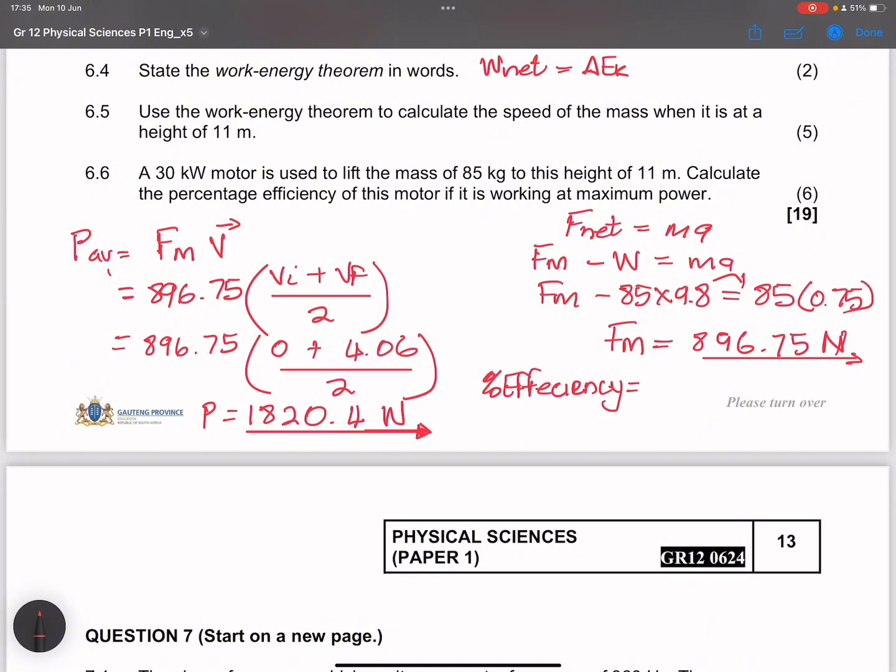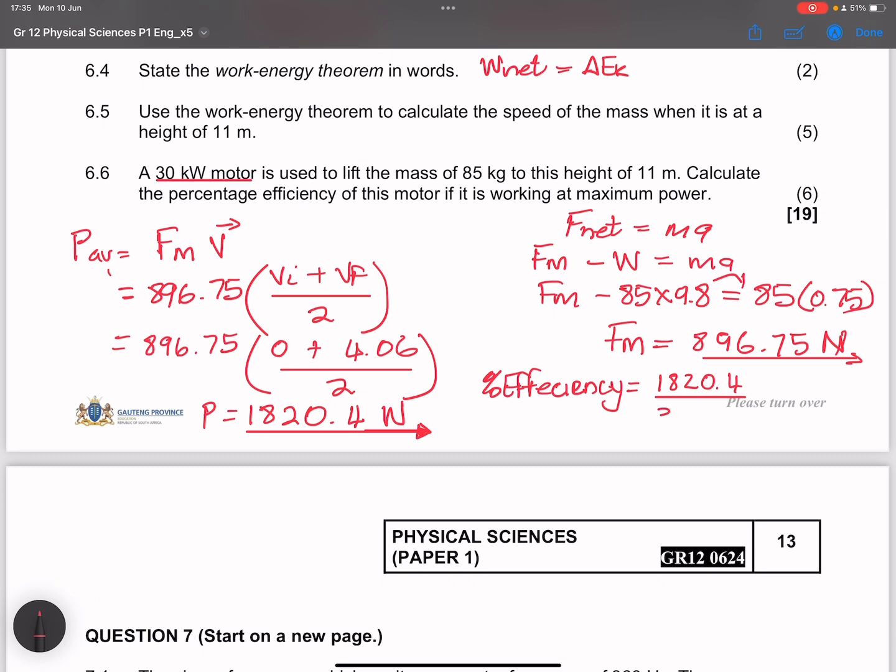So meaning that in this case, the power that I have here, that's 1820.4 divided by the total power of the motor, that's 30 kilowatts.